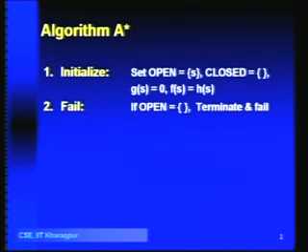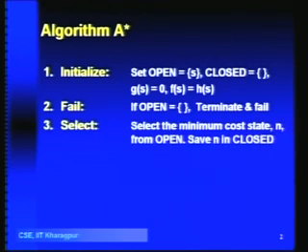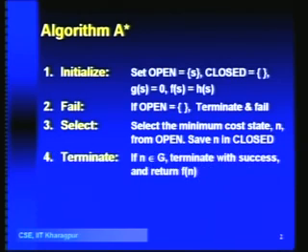So, the first step was that if open is empty and we have still not yet found the goal, then we terminate with failure, otherwise we select the minimum cost state n from open and save it in closed. If the selected state is a goal state, then we terminate with success and return the value of that state as the cost of the goal.